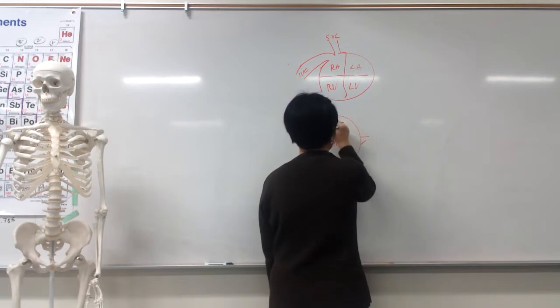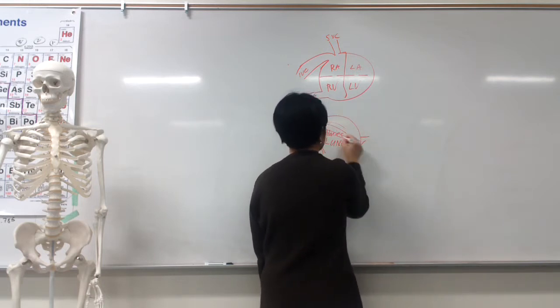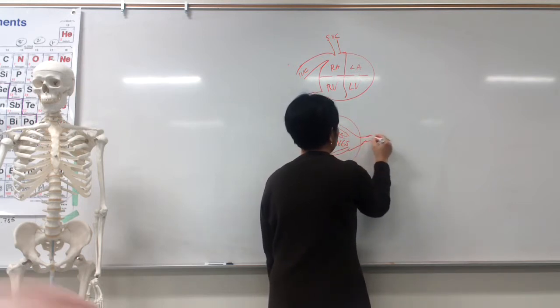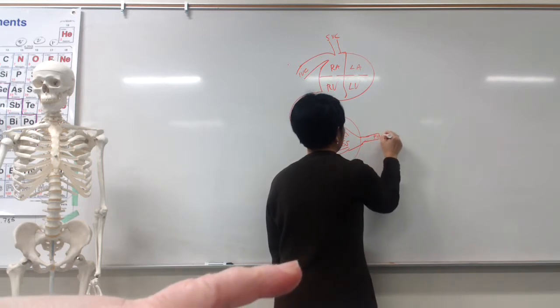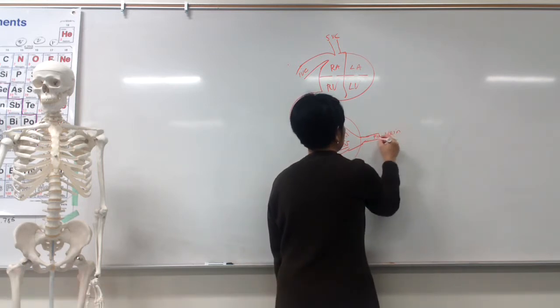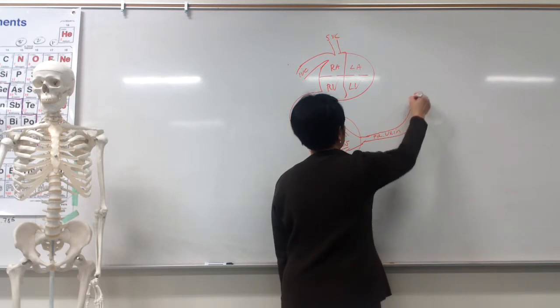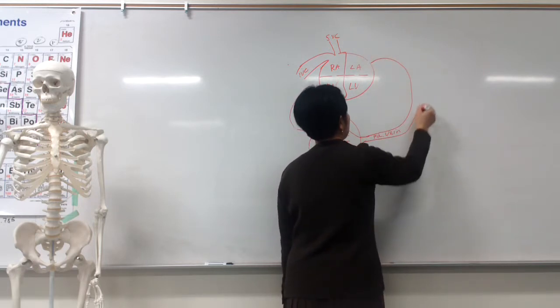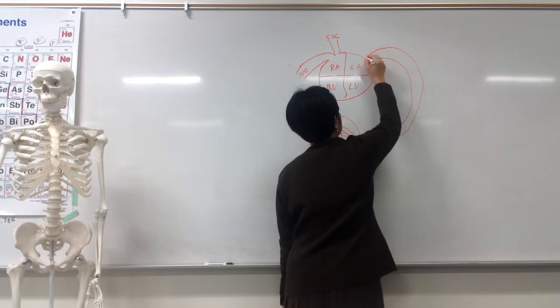From the capillaries, they all empty into the vein. This is your pulmonary vein, which then enters the left atrium carrying oxygenated blood.